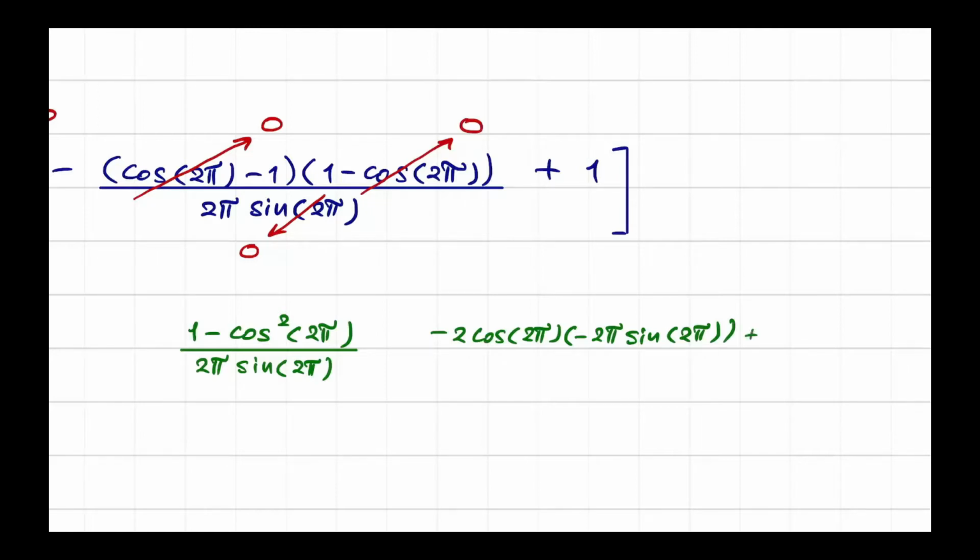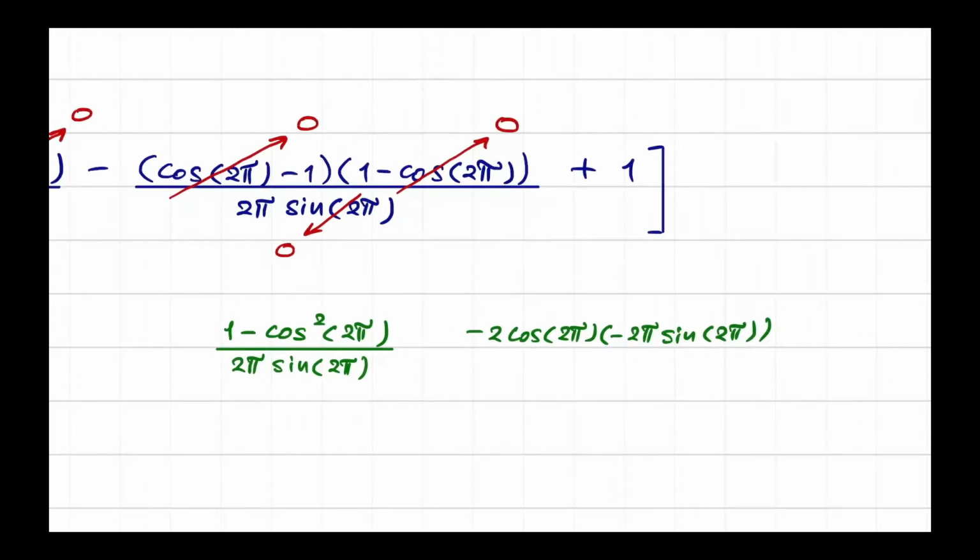And then plus, it was supposed to be plus 2 pi. Okay, differentiate, you get this function down, and then differentiate the thing inside. So we have the cosine and sine. How about the denominator? Differentiate, you get sine 2 pi plus 2 pi cosine 2 pi.